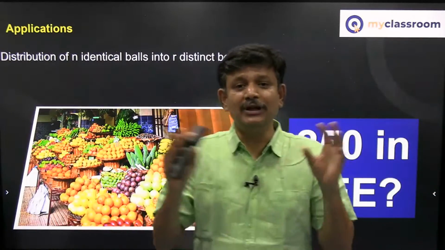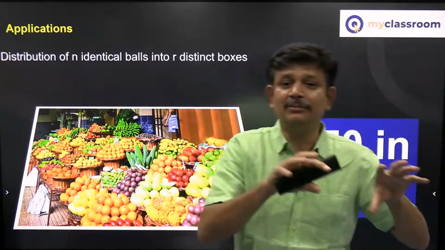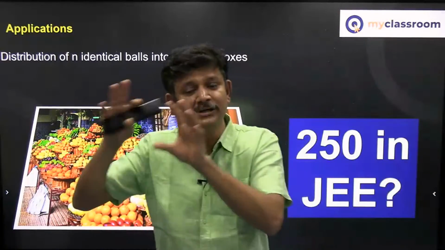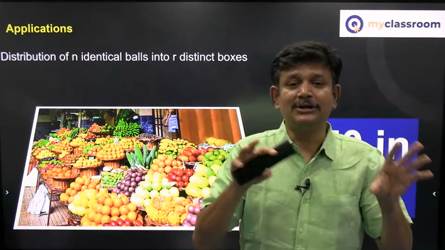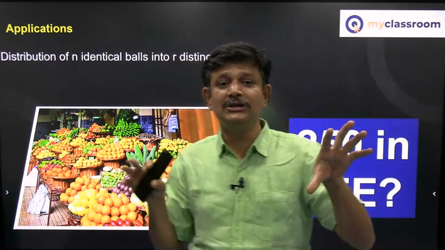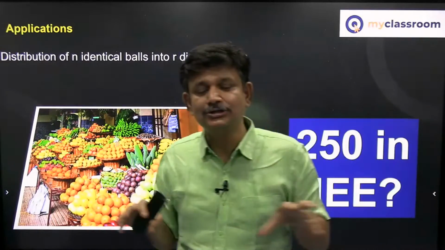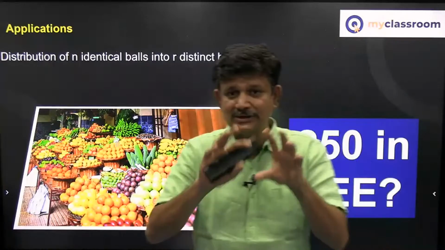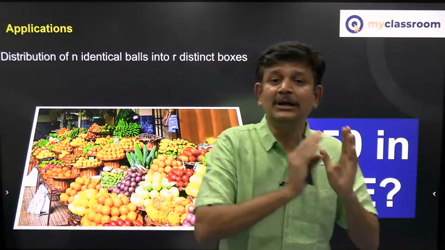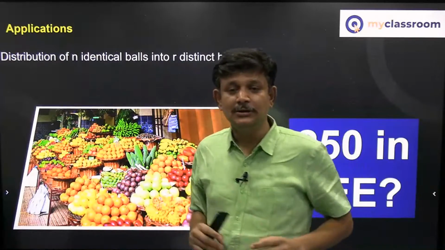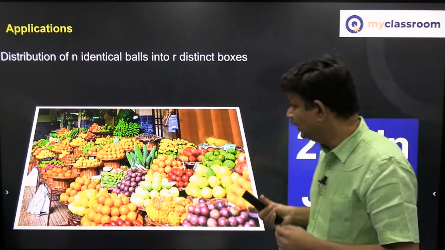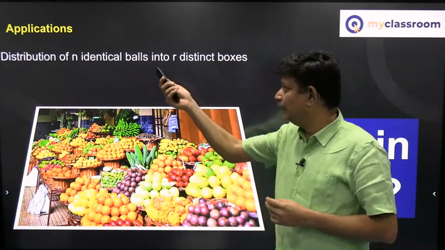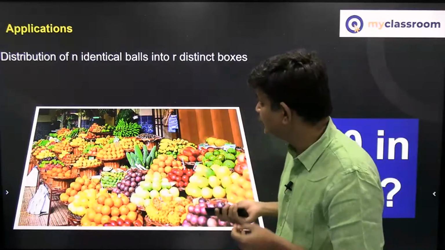Effectively I have to lose 50 marks out of 300, and the 50 marks can be lost all in mathematics, or some in maths and some in physics, or some in chemistry. But the total of the marks I'm losing in maths, physics, and chemistry should be 50. So all such questions where you get an equation of the form x plus y plus z equals some number, 100, 50, whatever, fall into the category of n identical balls into r distinct boxes.